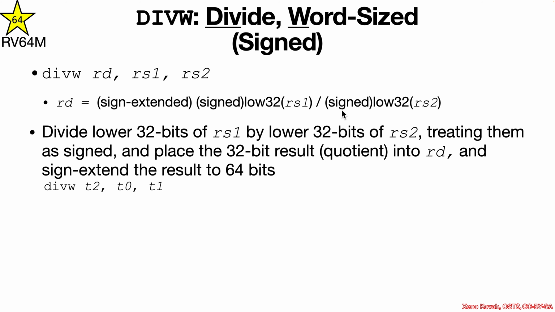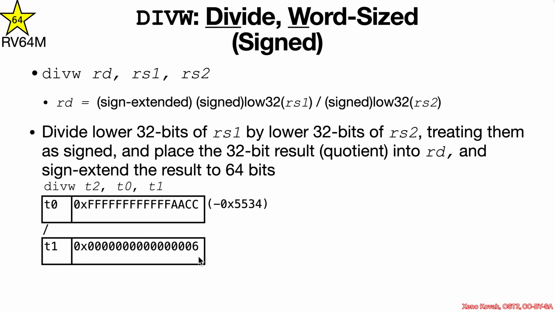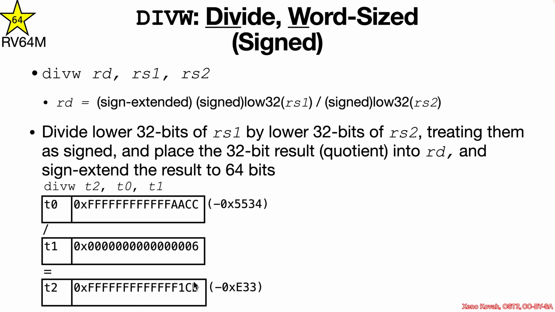So, and going back to this example of negative 5534, or all F's AACC, divide by 6, we are now going to be using it as a word-sized value. So we're only taking the bottom 32 bits, but even as the bottom 32 bits, this is still negative 5534, and therefore, once again, the result will be 1CD with all F's in the upper bits.